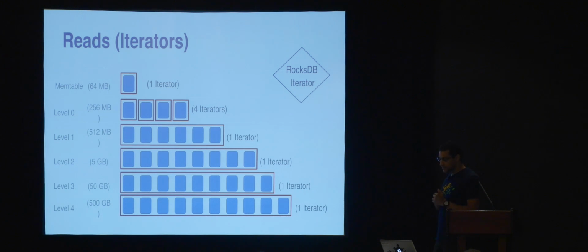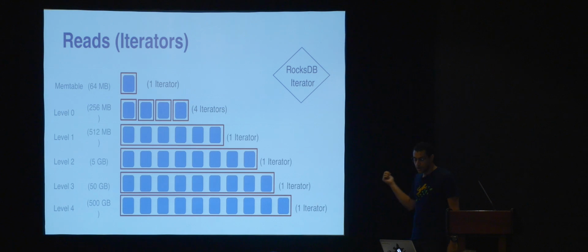In this case, Bloom filters won't help us because we're not looking for a specific key. We just want the next key. What will help us is the fact that we mentioned earlier that almost everything belongs to level 4, like 90% of the database.